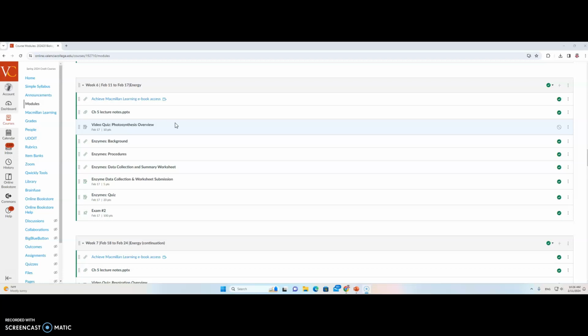We're going to start with photosynthesis in this module, and the next module will take care of cellular respiration.